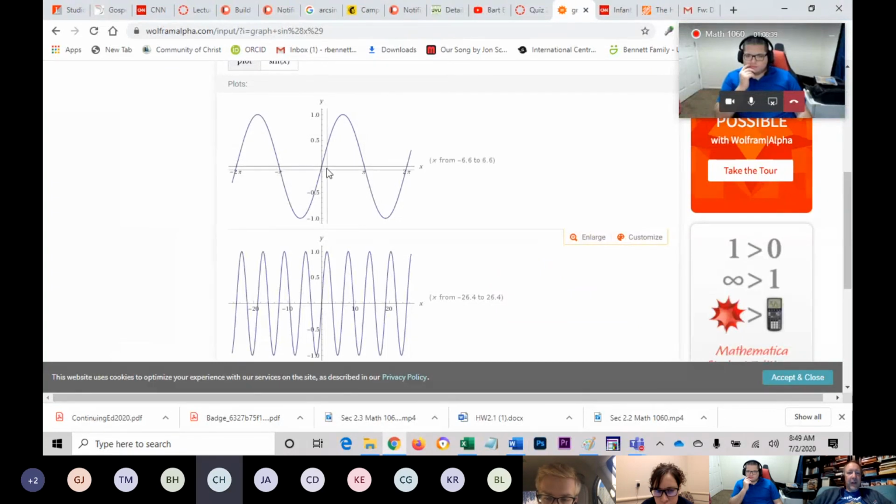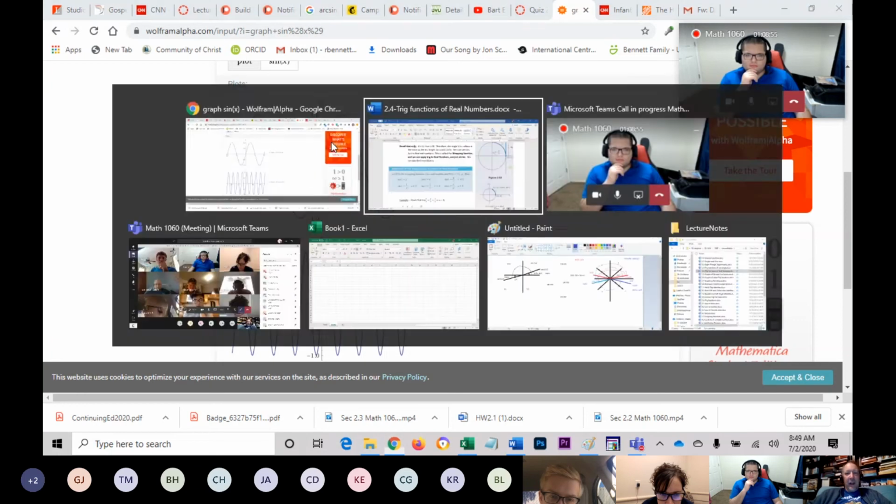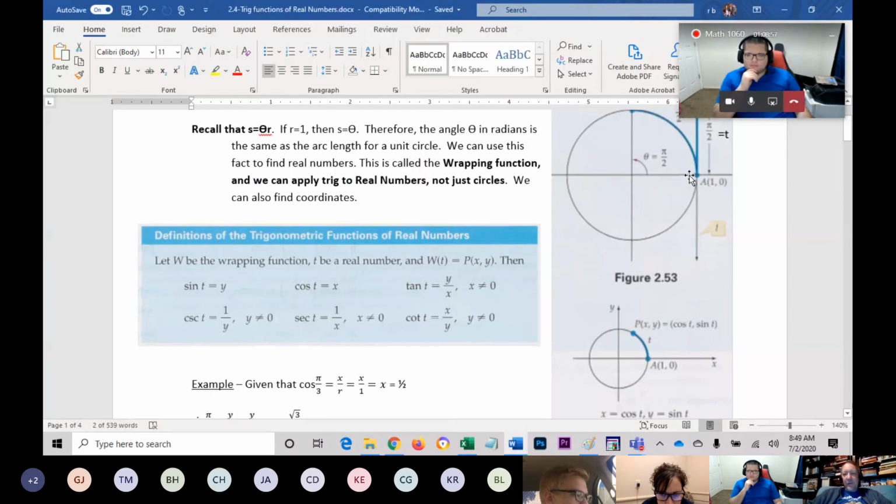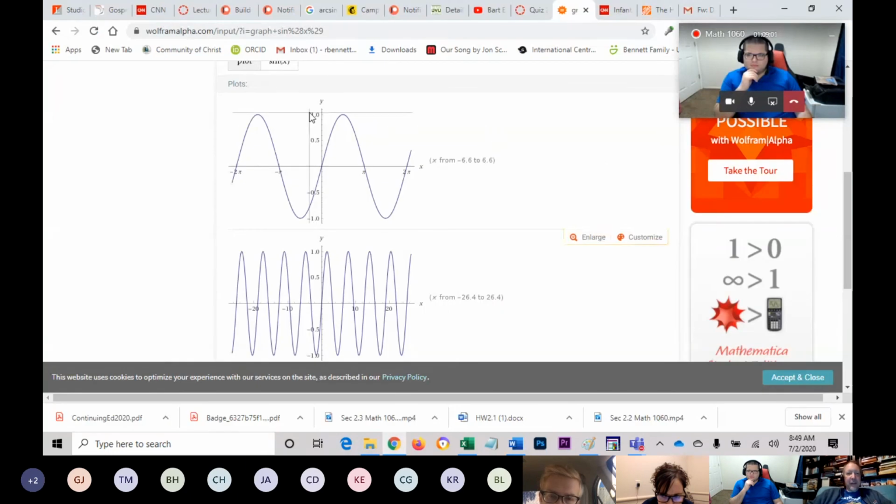So this is pi/2 and the value 1. And this is 3pi/2, the value of -1. The sine of pi is 0. The sine of 2pi is 0. The sine of -pi is 0. So if we plot all of these points, if I pick this point (x, y) and plot it this way, this becomes the sine wave.